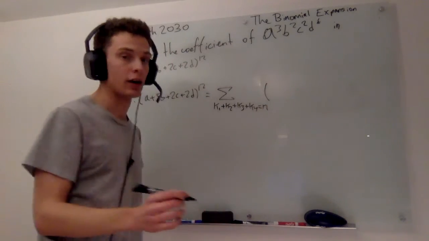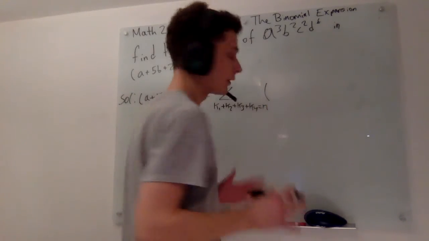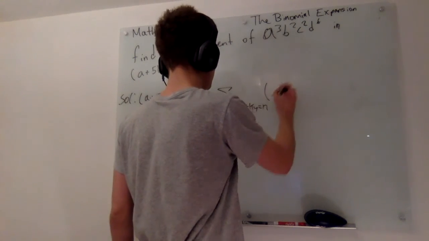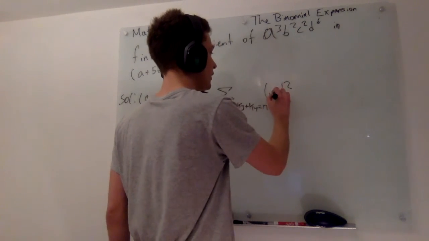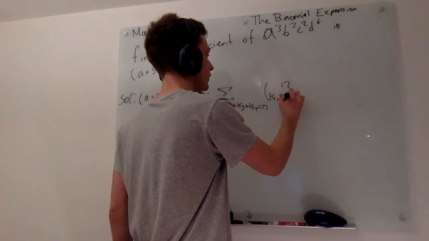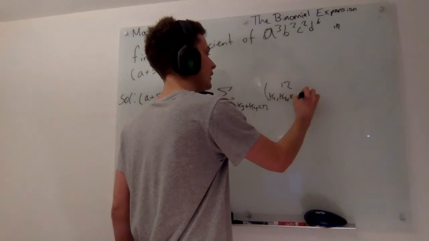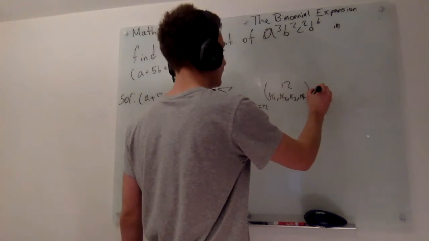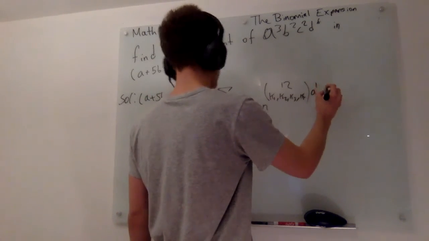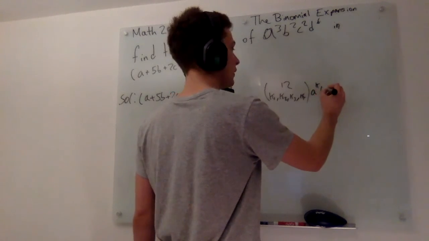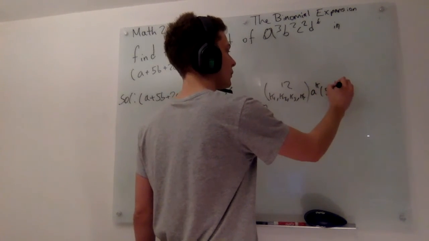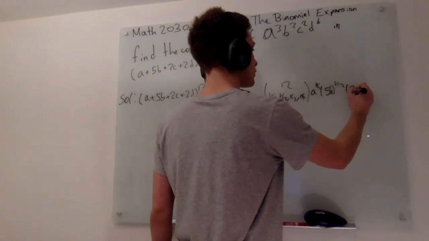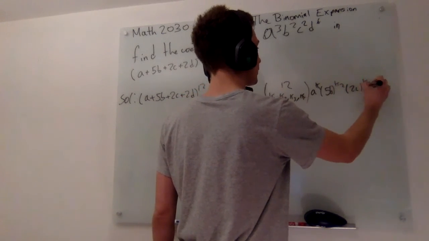We'll have our multinomial coefficient here, 12 choose k1, k2, k3, and k4. And multiplied by a, we're choosing k1 of those. 5b, we're choosing k2. 2c, we're choosing k3.